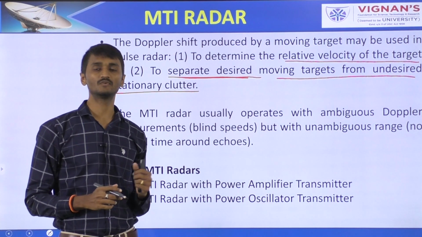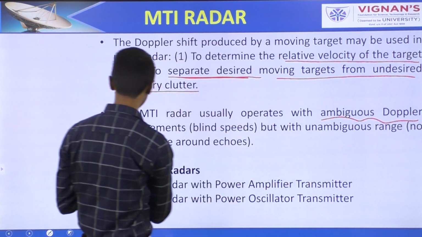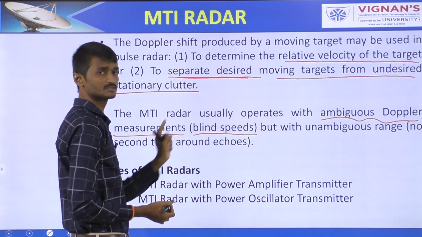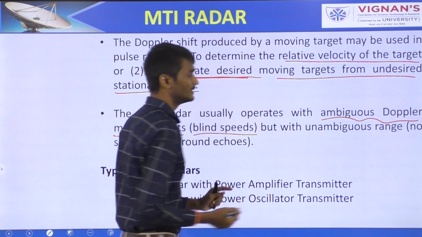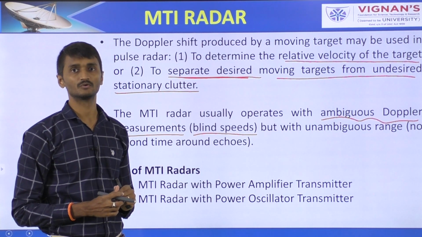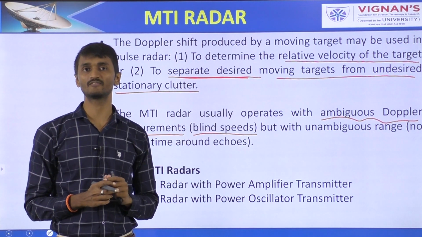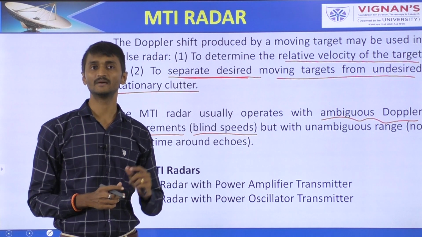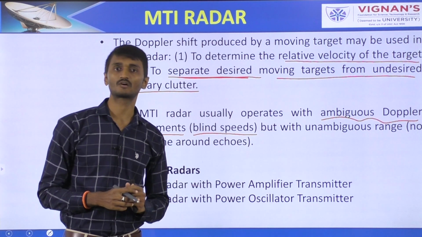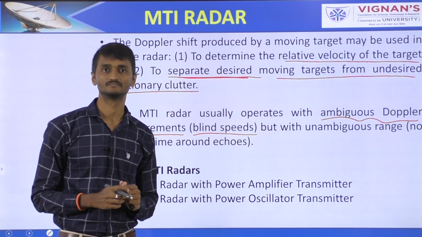The MTI radar usually operates with ambiguous Doppler measurements, that is called blind speeds. Later we will discuss these blind speeds, but with unambiguous range, that is no second time around echoes. It is a necessity in high quality air surveillance radars that operate in the presence of clutters. MTI radar adds cost and complexity and digital signal processing.